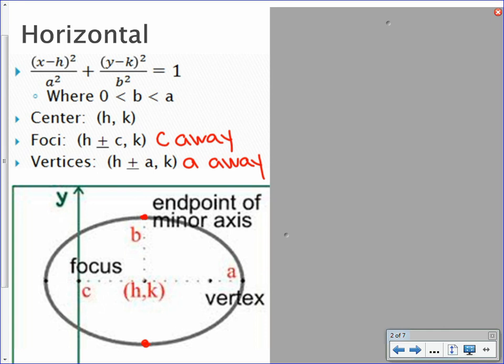Also make sure that your foci are always along the major axis. So since this is a horizontal ellipse, our foci are horizontal from our center.